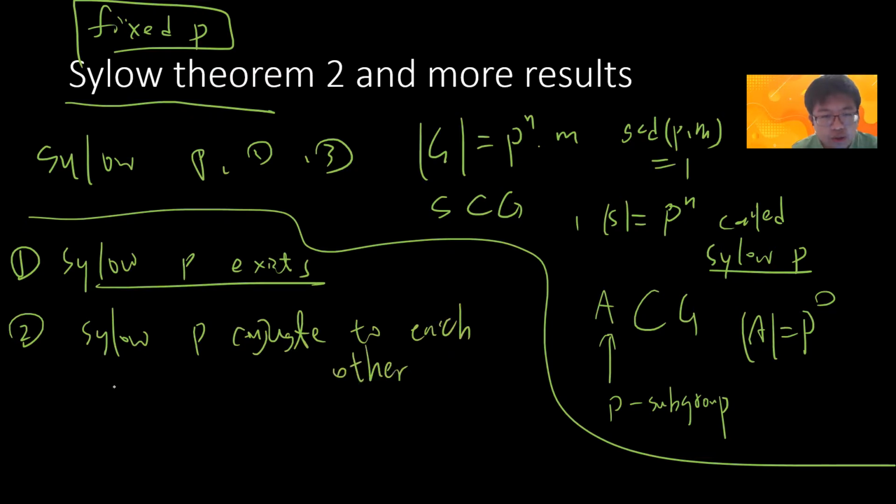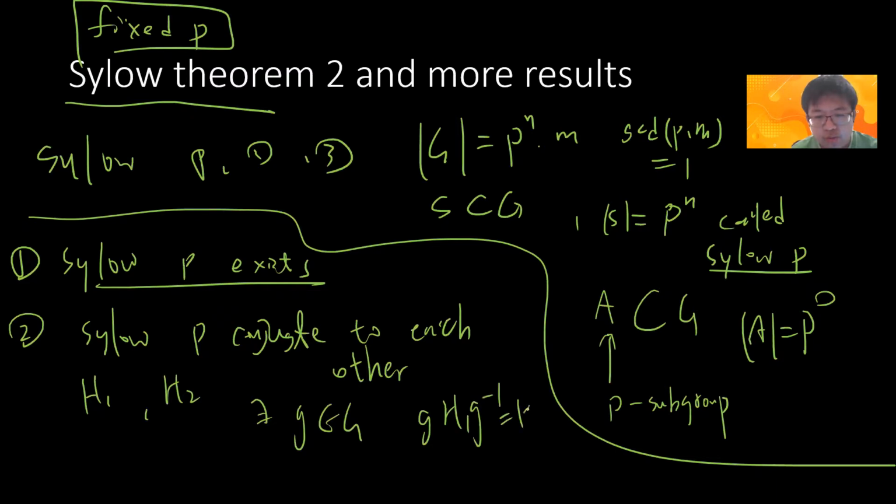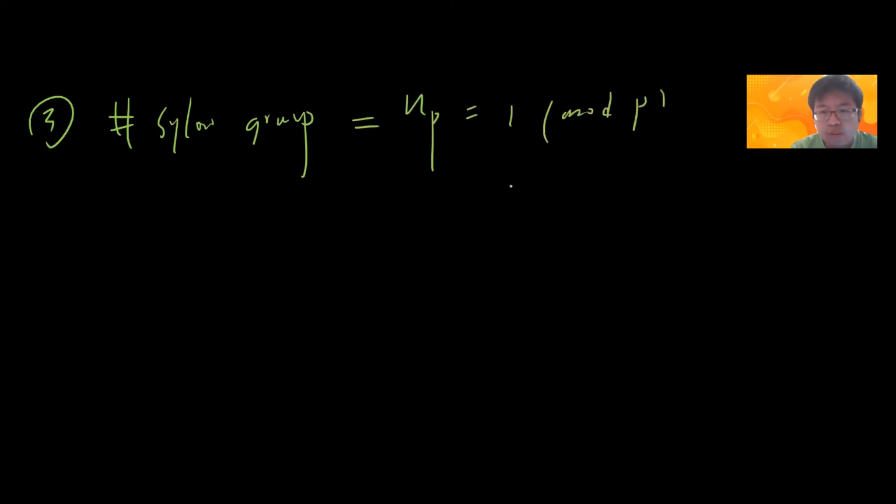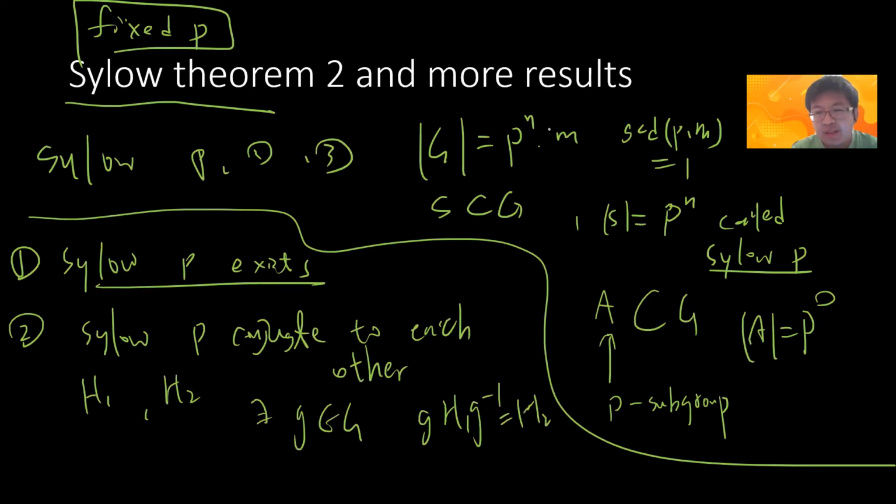This means that if H1 and H2 are both Sylow p-subgroups, then there exists an element g of G such that g H1 g inverse is H2. The third theorem tells you that the number of Sylow p-subgroups, call it n_p, is 1 mod p, and n_p divides m.